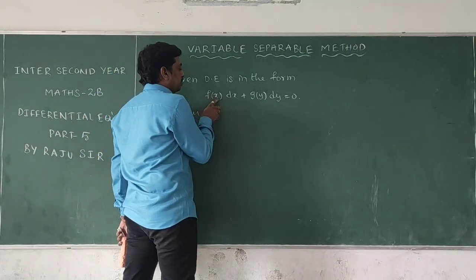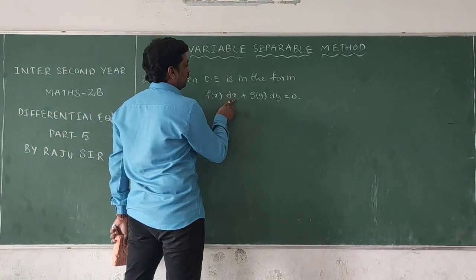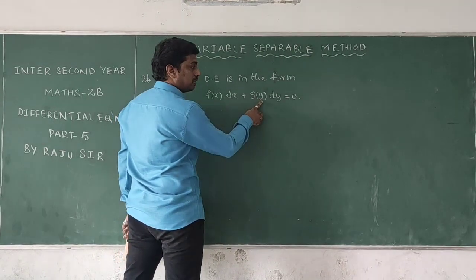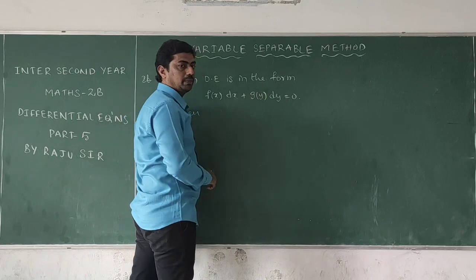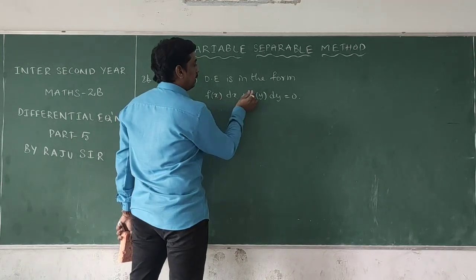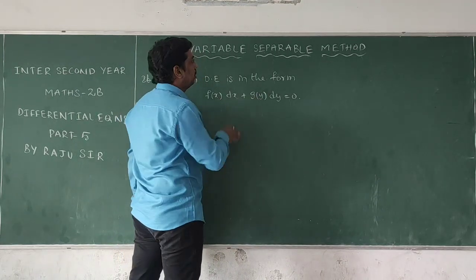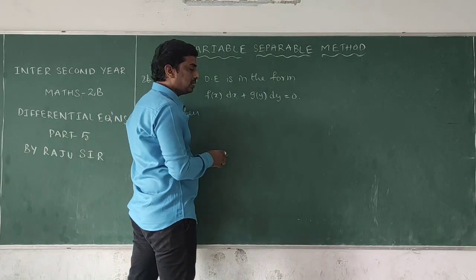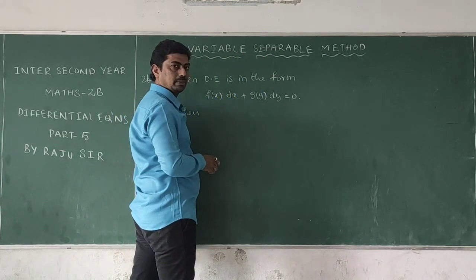Here f is a function in terms of x, differentiated with respect to x. Here g is a function in terms of y, with respect to y. Here x is the variable, here y is the variable. So the name of the method is variable separable, that means separate the variables.